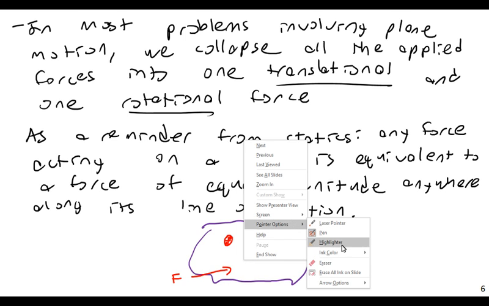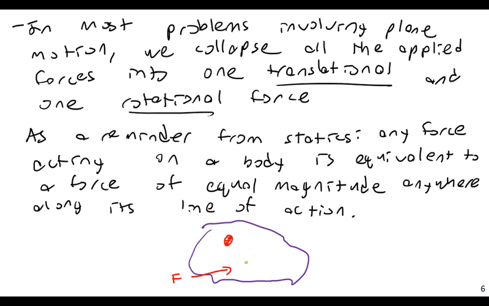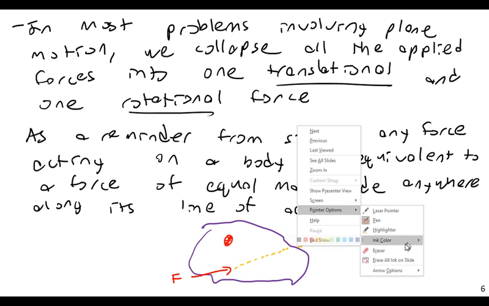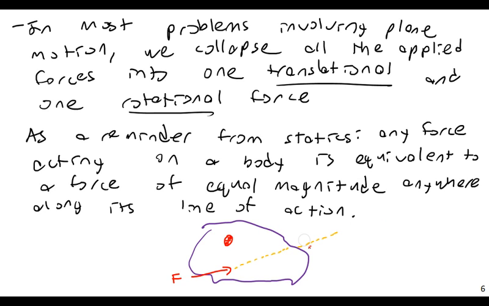This is a plane shape, and the force would also have some sort of line of action. I could replace that force with any force of equal magnitude and the same line of action. So in other words, I could apply it here, as long as it was along the same line of action.